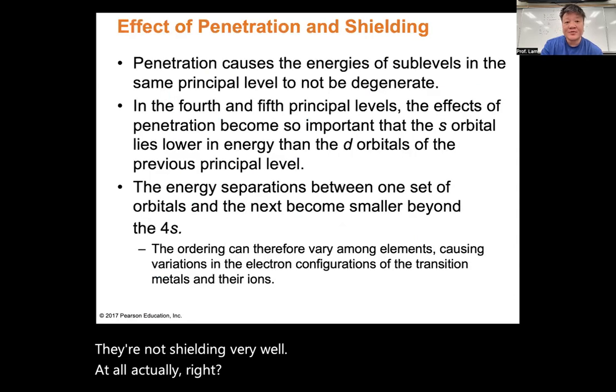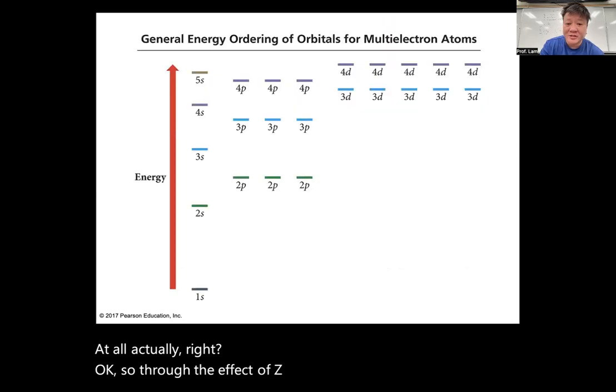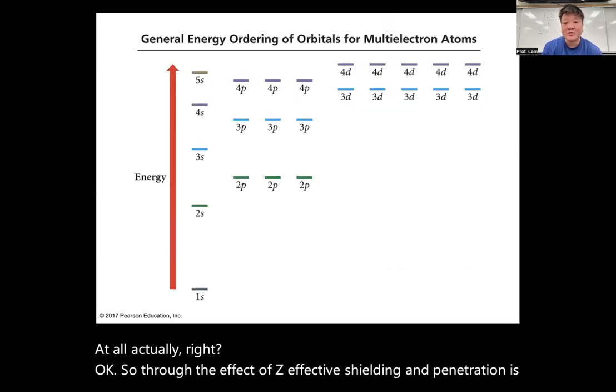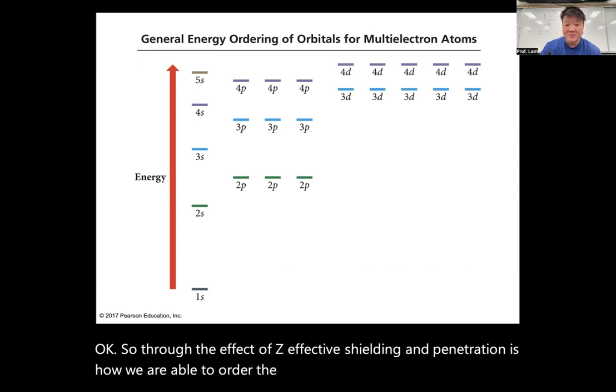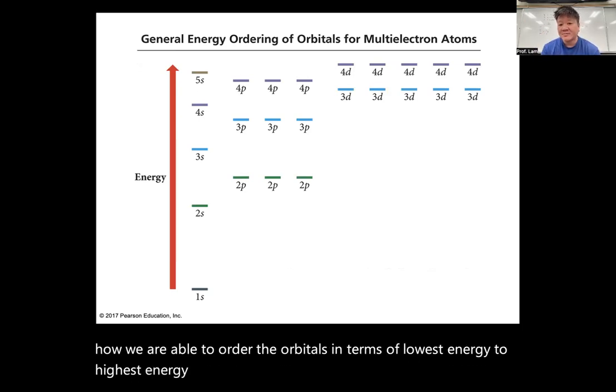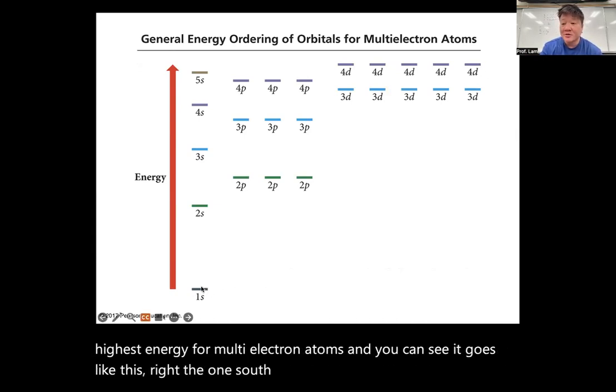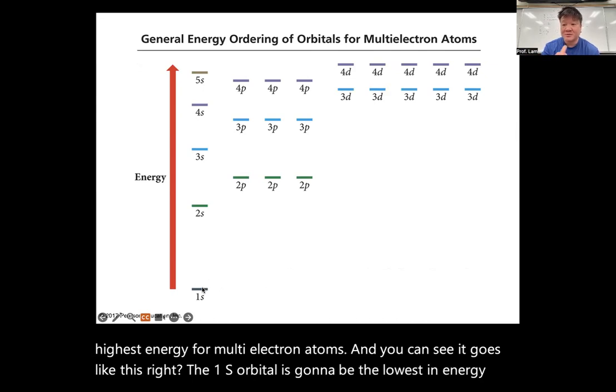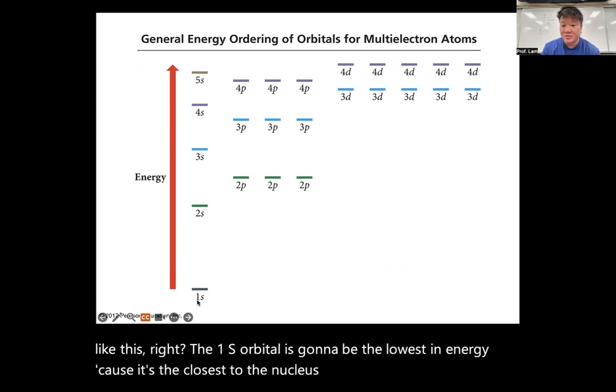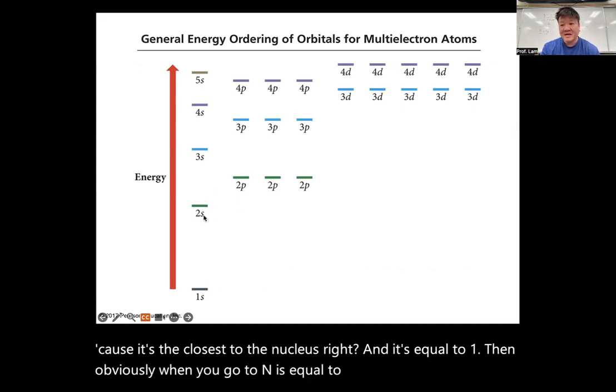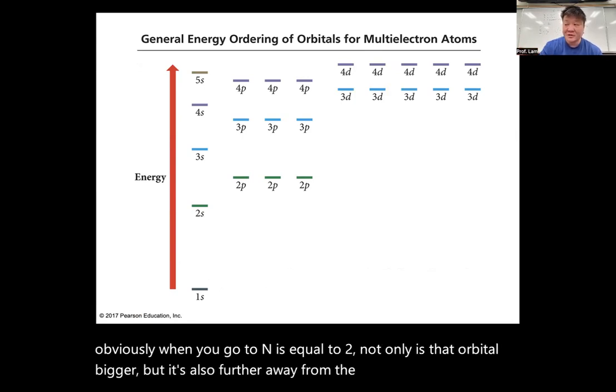Okay, so through the effect of Z effective, shielding, and penetration is how we are able to order the orbitals in terms of lowest energy to highest energy for multi-electron atoms. And you can see it goes like this, right? The 1s orbital is going to be the lowest in energy because it's the closest to the nucleus, right? N is equal to 1. Then obviously, when you go to n is equal to 2, not only is that orbital bigger, but it's also further away from the nucleus, so higher in energy, right?